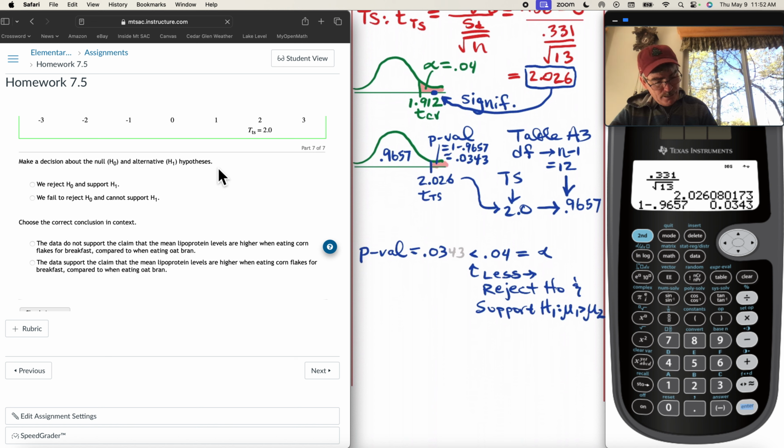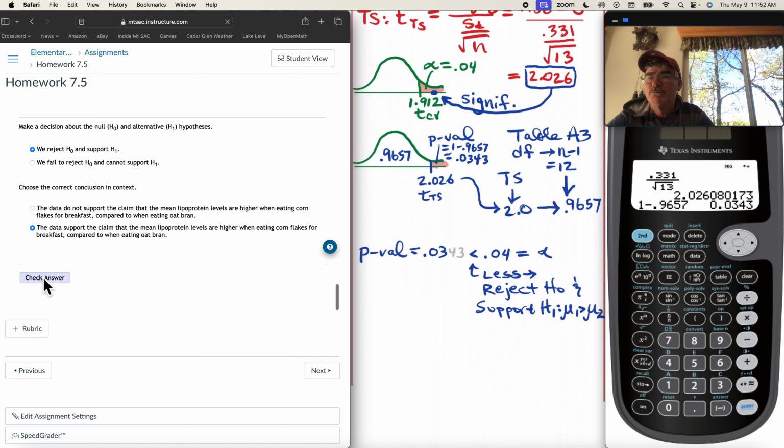Anyway, going back down here, I think we can say that we're going to reject the null hypothesis and support the alternative. And again, the alternative says that the mean LDL was higher for people on cornflakes than for oat bran. So the data support the claim that the mean lipoprotein levels are higher when eating cornflakes for breakfast compared to oat bran.